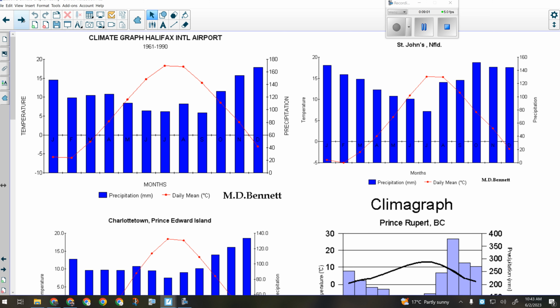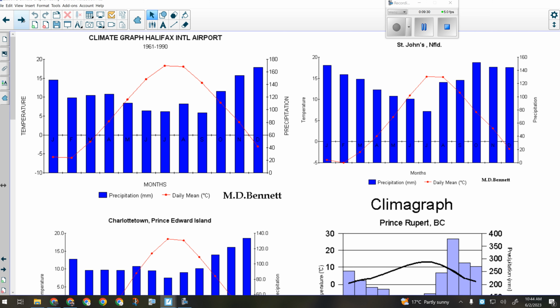They're both near a large body of water. They would both be affected by the same ocean currents, the Labrador Current and the Gulf Stream. Those two would certainly affect them in the same way. So yeah, we can certainly say that they have a lot of factors that affect their climate in common, so they should go in a group together. Everyone kind of follow on that? That's what I want you guys to do right now.